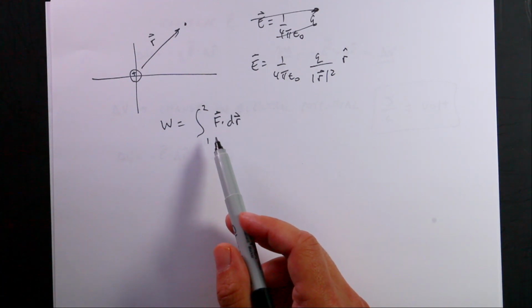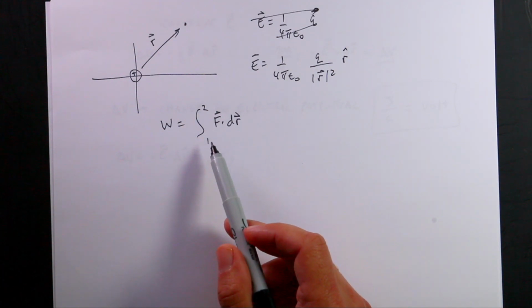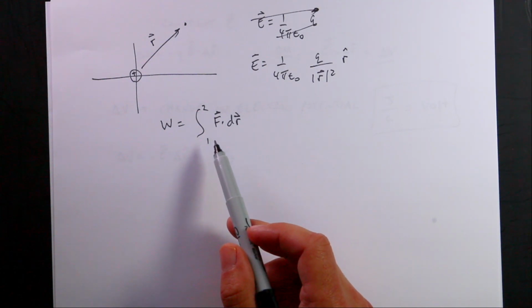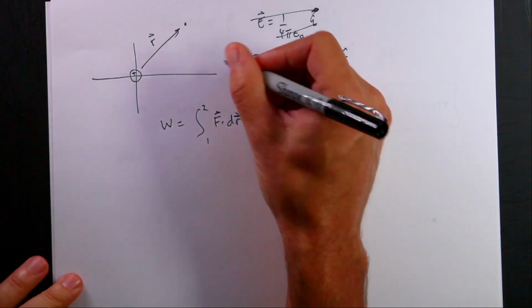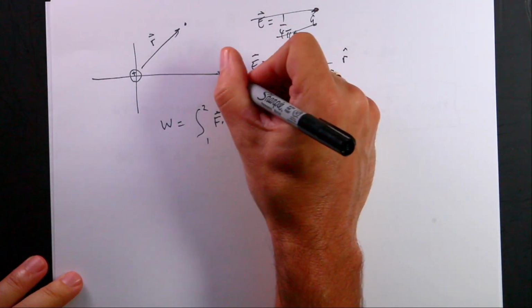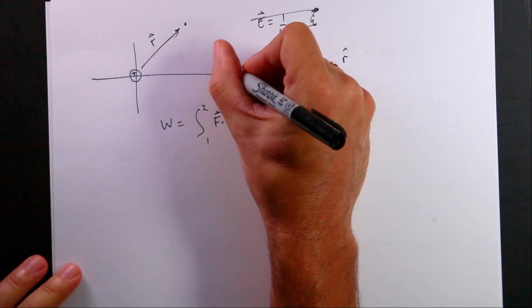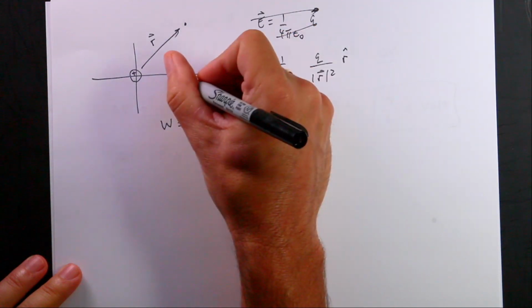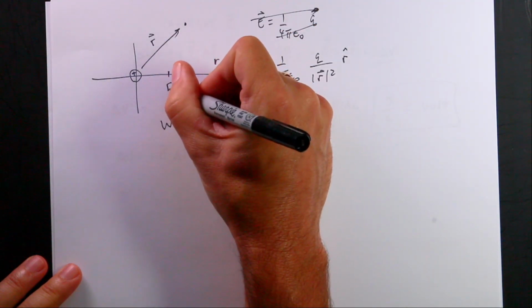Now, this is a path integral, so it actually could change direction too and make it much more complicated, but let's just assume that we're in the same direction. So we're going to start from some distance r initial, and then we're going to go to r final.